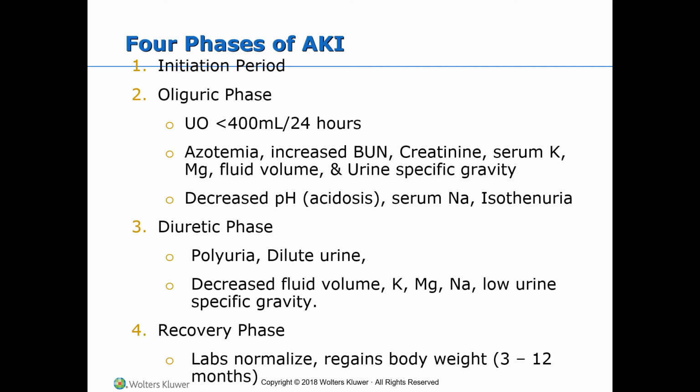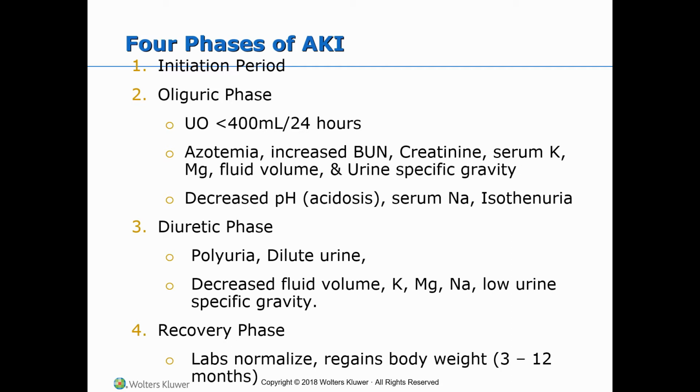This is when the kidney is not able to excrete the excess electrolytes and other toxins. Increased levels of urea, creatinine, and other toxins is also referred to as azotemia. This results in increased BUN and creatinine, increased potassium, increased magnesium, decreased sodium, decreased pH, or in other words, acidosis, fluid overload, and high urine specific gravity, which is more than 1.020, and high urine osmolarity.